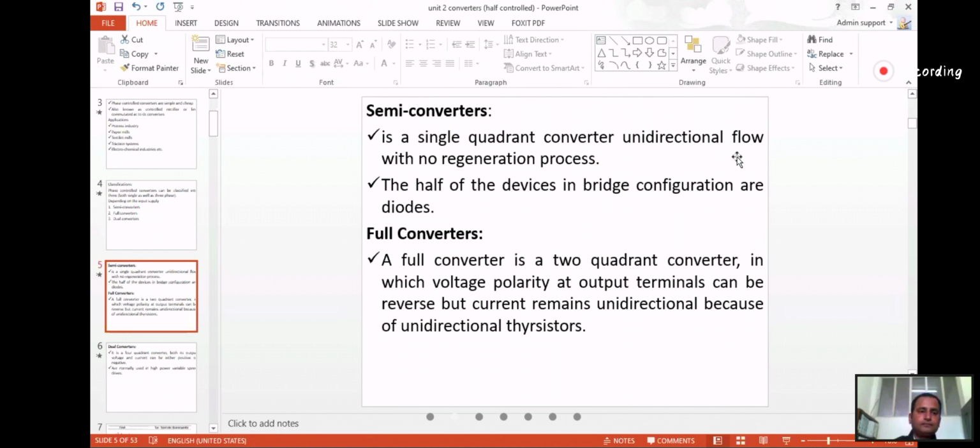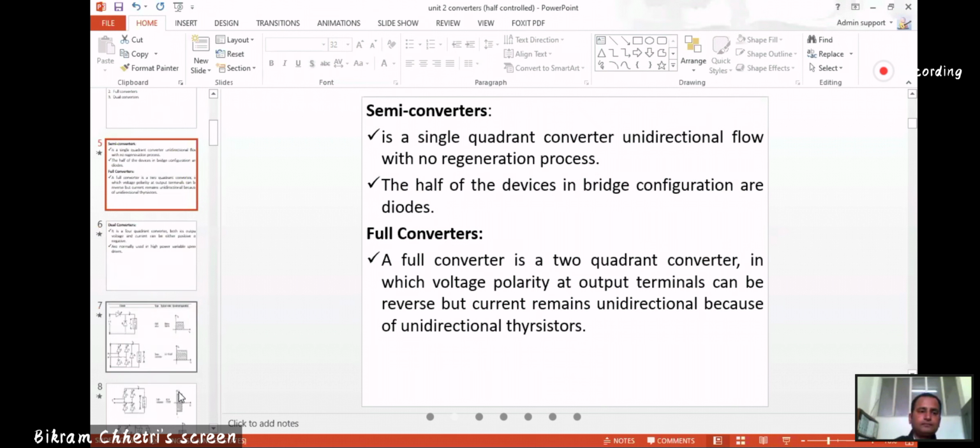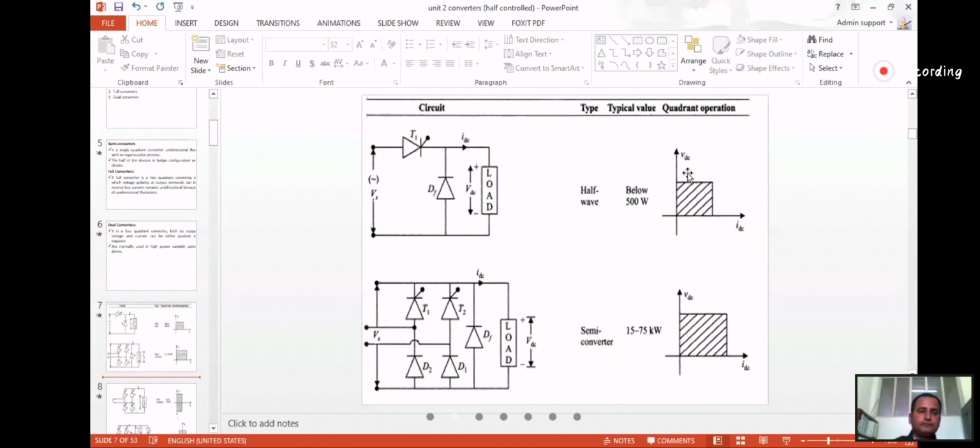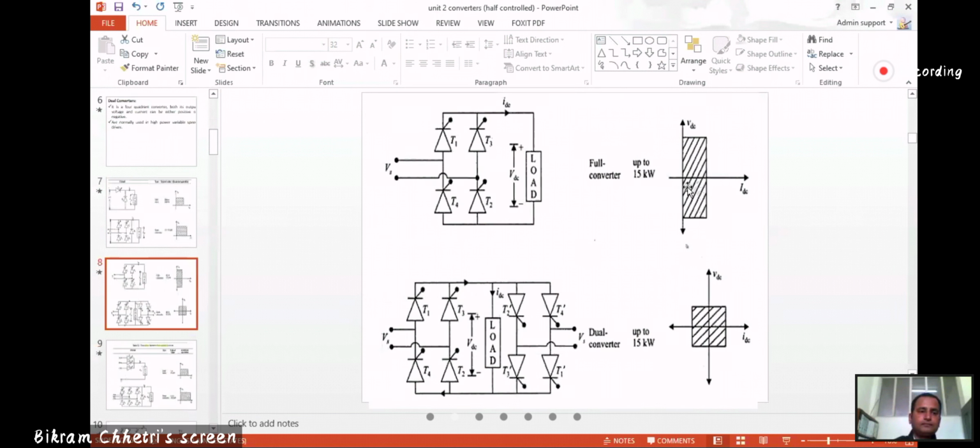In full converters, it's a two quadrant converter, in which the voltage polarity at the output terminals can be reversed, but the current remains unidirectional.